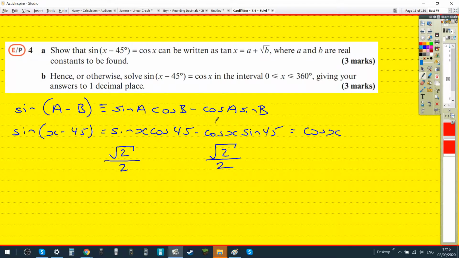And then just add in the sine x minus cos x after the, yeah. Now can you plus the root 2 over 2 cos x to the right hand side? Yep. Okay, so that's like 1 plus root 2 over 2. So that gives us 2 plus root 2 over 2.